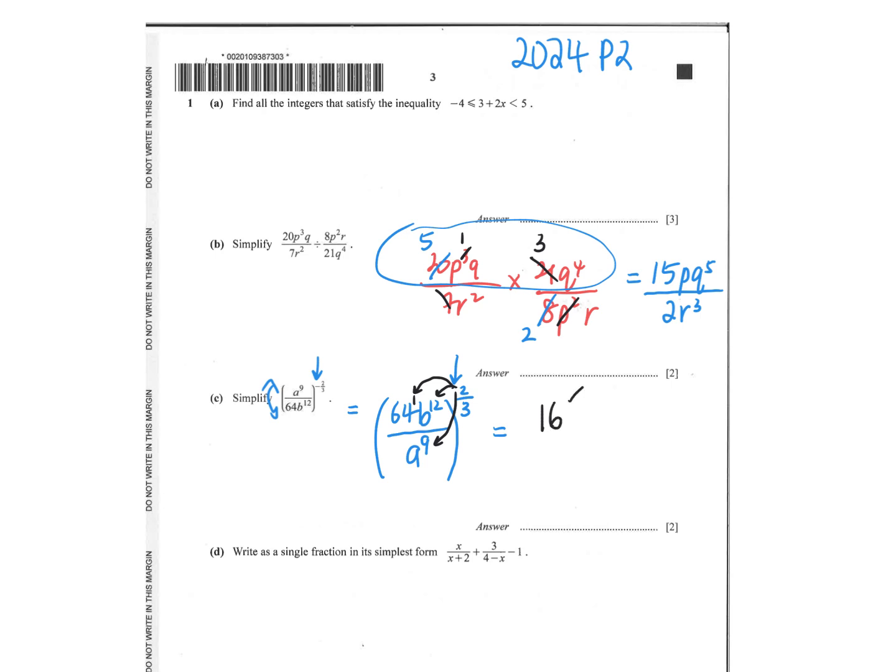So this one, be careful. This is what y'all will always make mistakes in. This is raised to the power of 2/3, not times 2/3. You flip it.